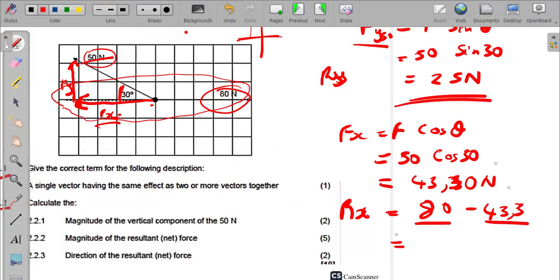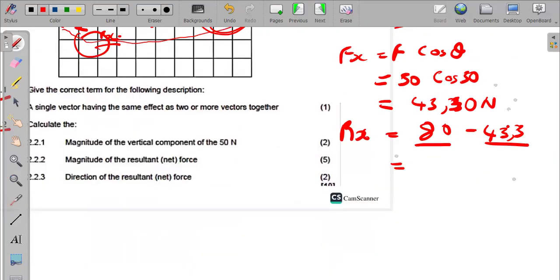That's where it is going. And the 80 Newton is going to the right. So choosing right as positive, 80 will be positive and the Fx will be negative. So we are adding a positive vector and a negative one. Hence, because of that, we end up subtracting and we will get 36.7 Newton, right? We have found Rx.